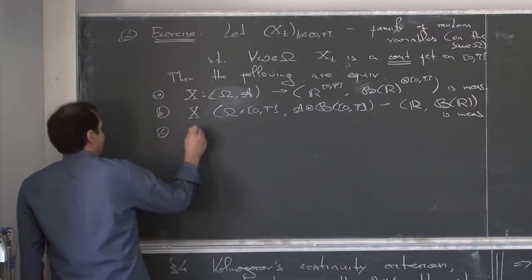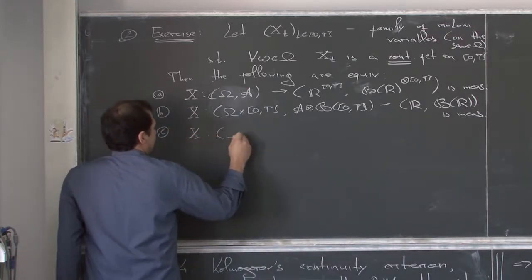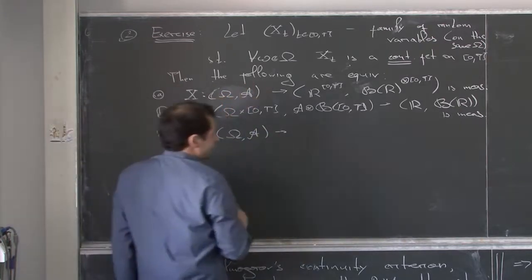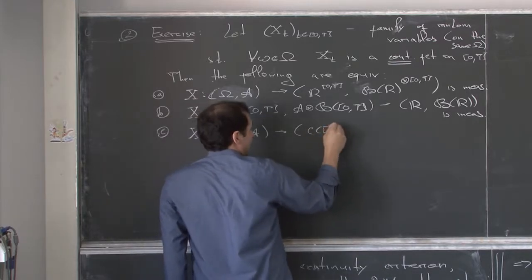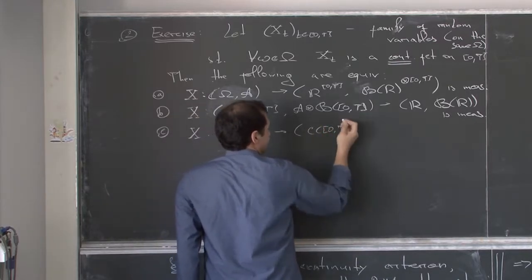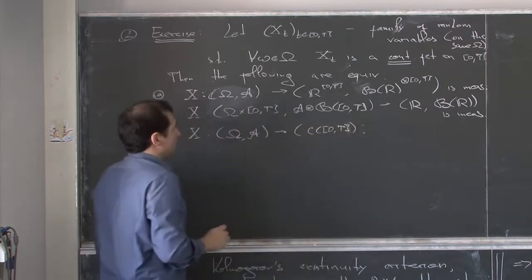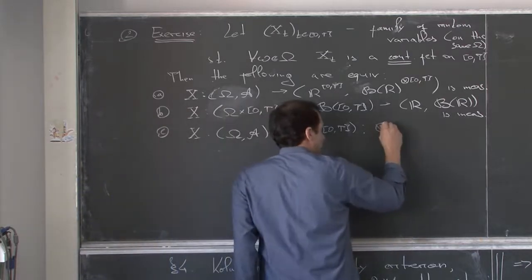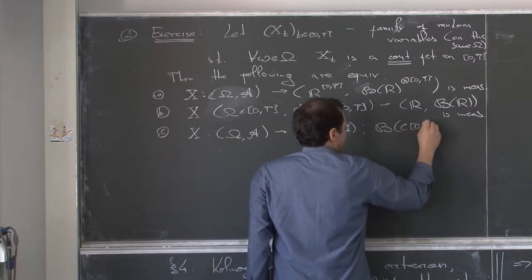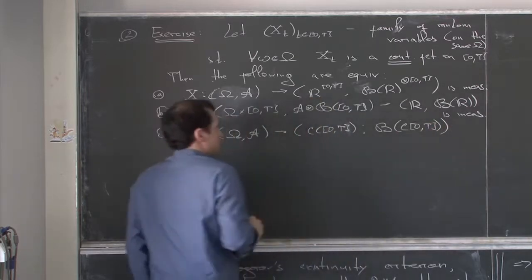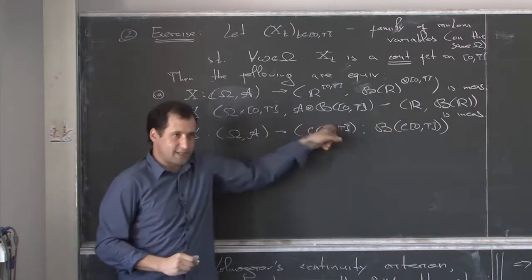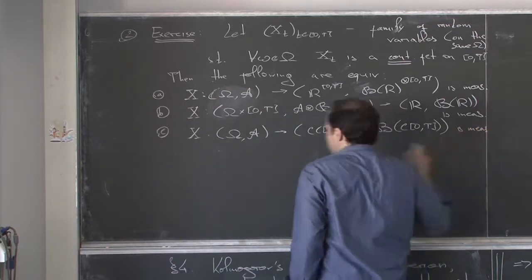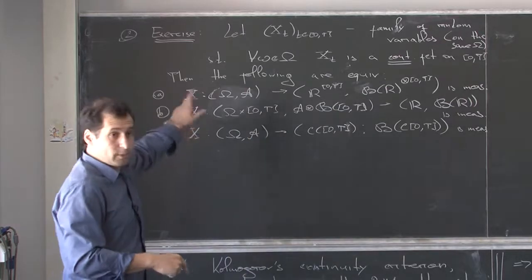And yet another option is that I can consider this object as a whole, as a function in the space of continuous functions. So this is a metric space, so there is its own Borel sigma algebra, right? So I can ask this mapping with values in some functional space to be measurable. So the exercise is that all these guys are equivalent.